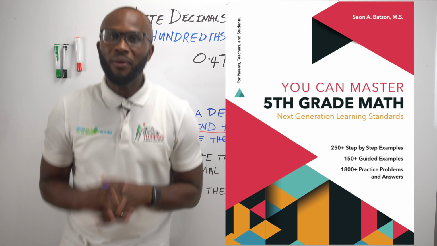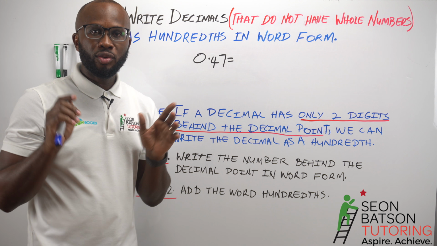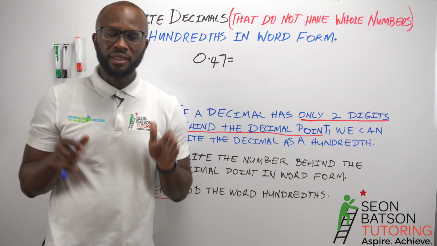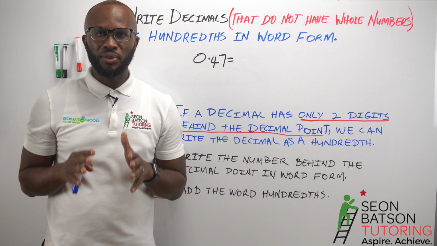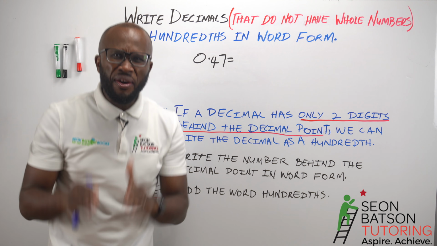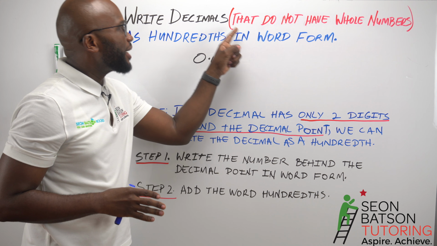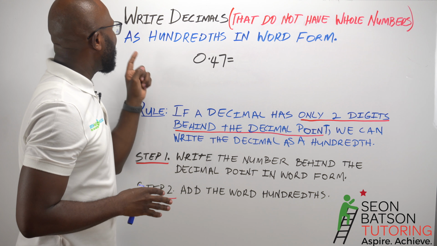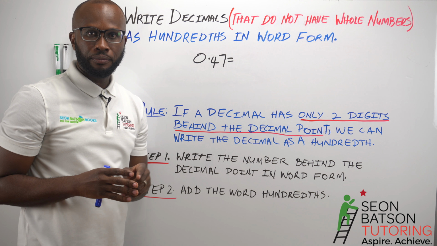So let's go. Just a quick reminder, a decimal that does not have a whole number will either have a 0 in front of the decimal point or no number at all in front of the decimal point. So far, so good? Perfect. Now, I am going to teach you a very simple approach that will help you master the skill of writing decimals that do not have whole numbers as hundredths in word form.